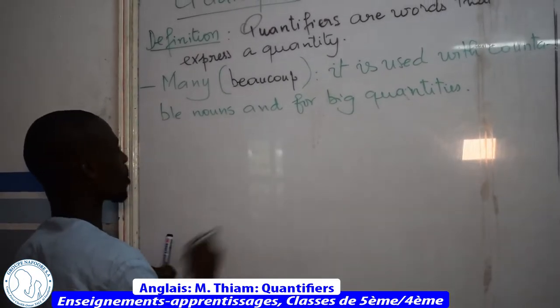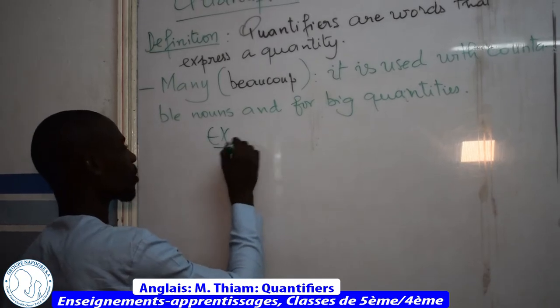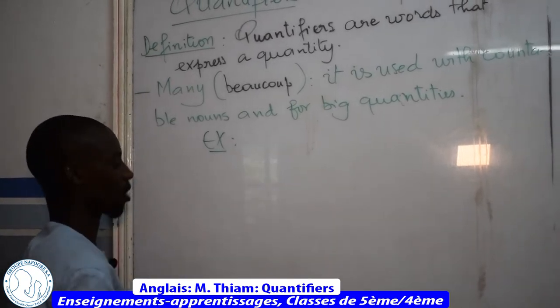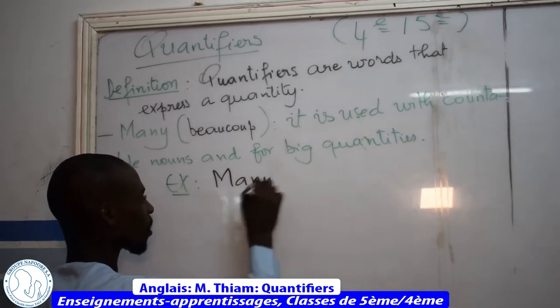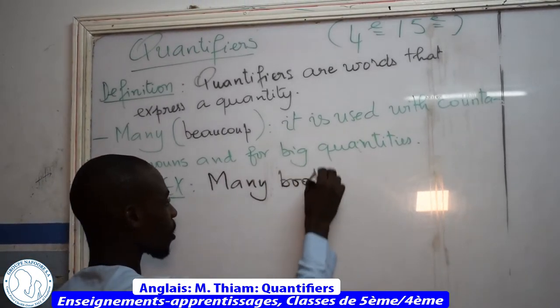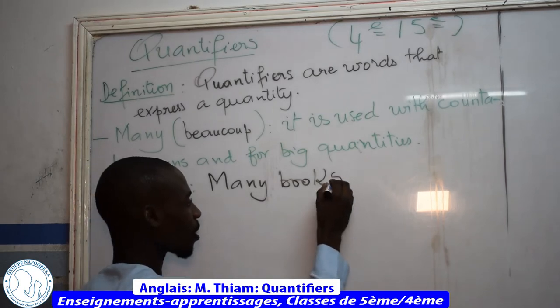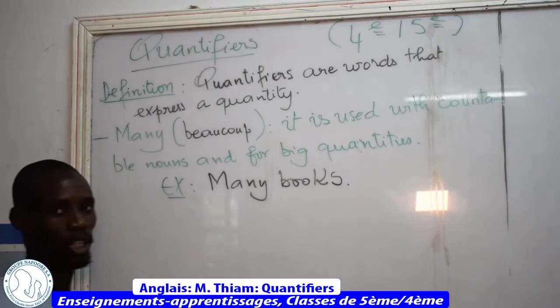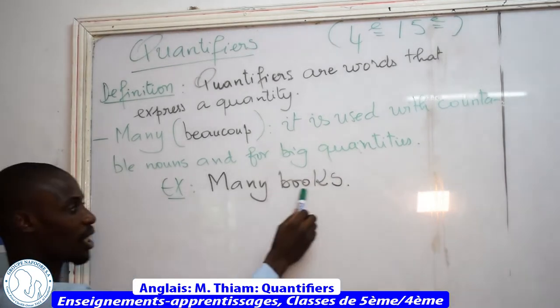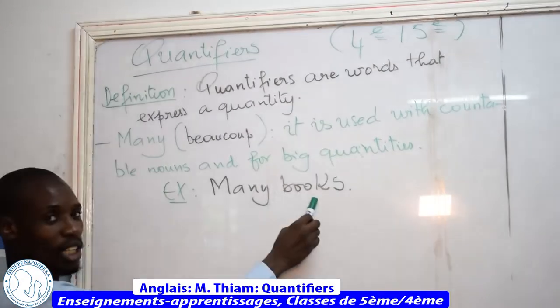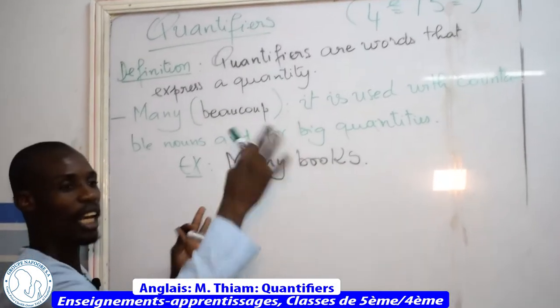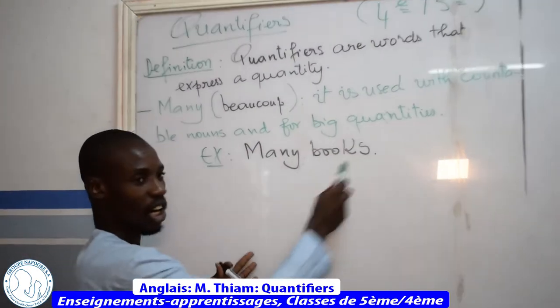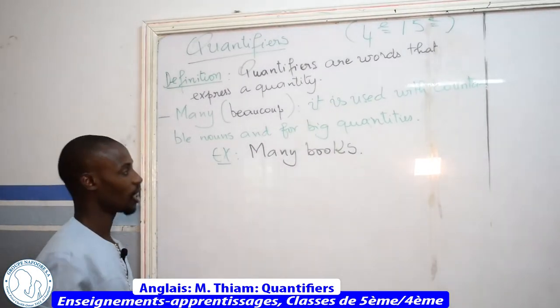When I say, for example, many books in plural. Book is a countable noun, and here we have a large quantity of books.